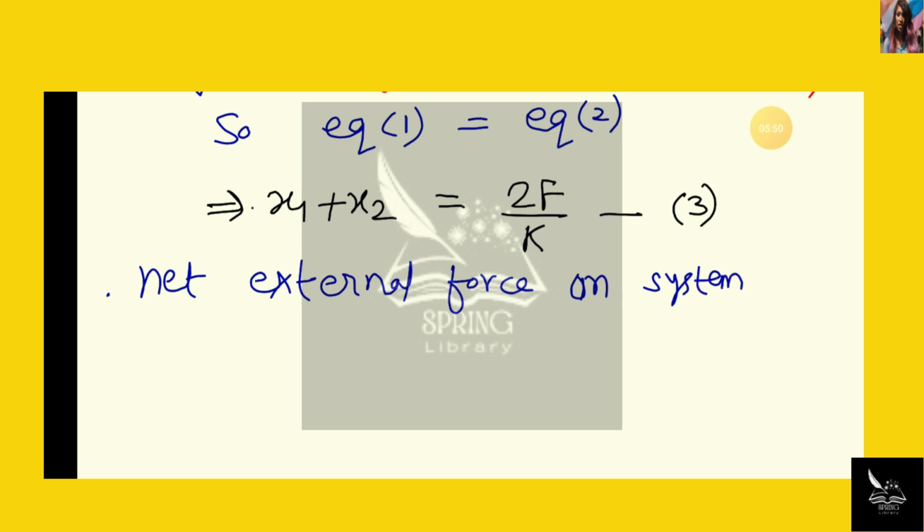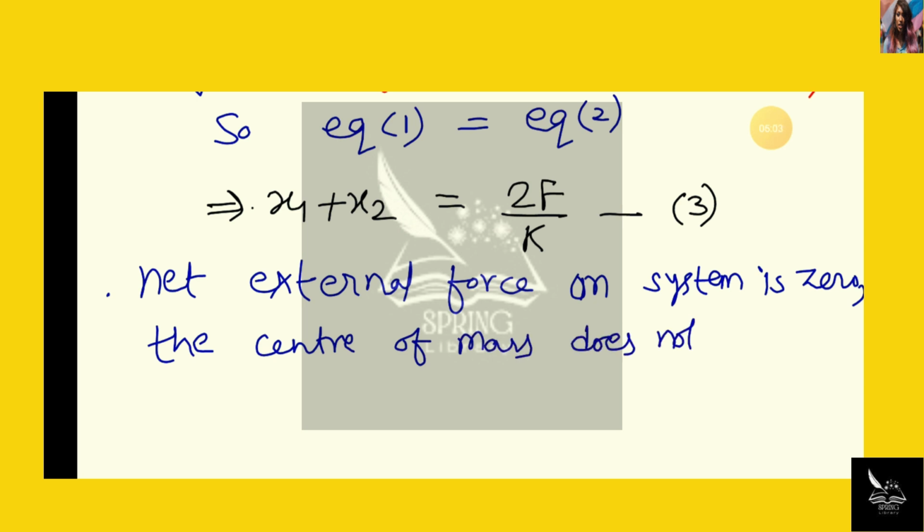By using the concept of center of mass, the next step is m1 x1 is equal to m2 x2. This is equation number 4.